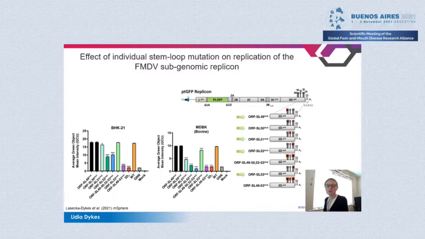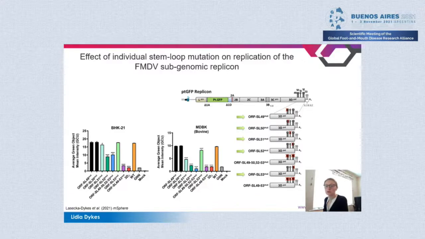These results show that the 3 stem loops SL51, 52 and 53 are important for translation and/or replication of FMDV RNA, with the SL52 possibly being the predominant structure. The effect of this stem loop mutation was more pronounced in the bovine cell line.